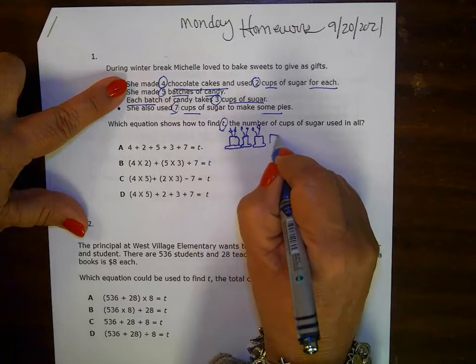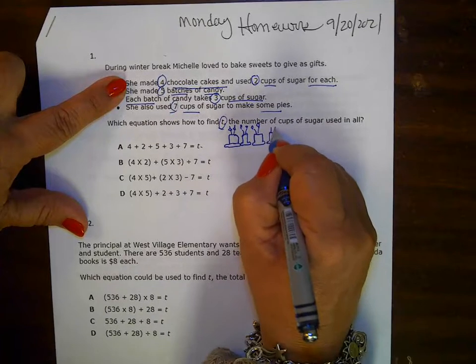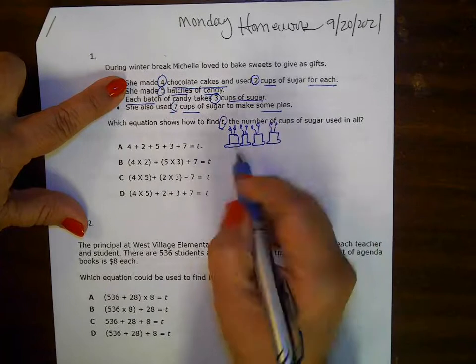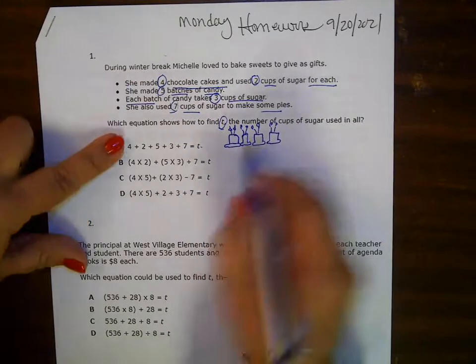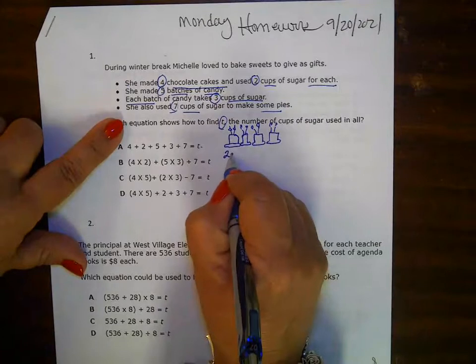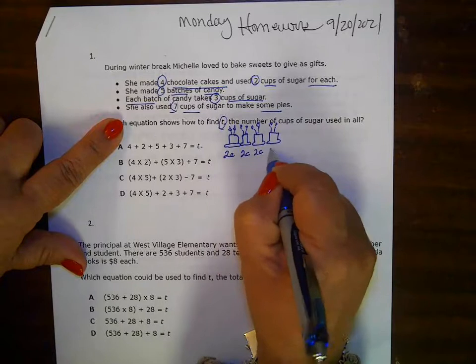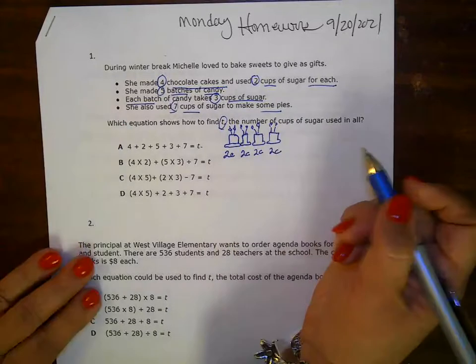And 4. So I have my 4 chocolate cakes. It said that each one took 2 cups. 2 cups, 2 cups, 2 cups, 2 cups.